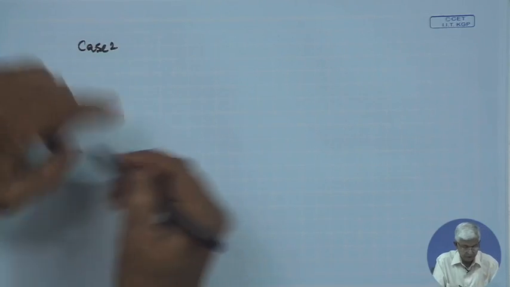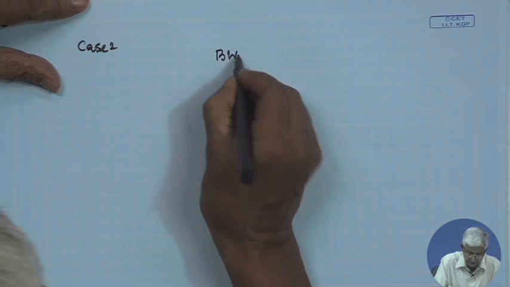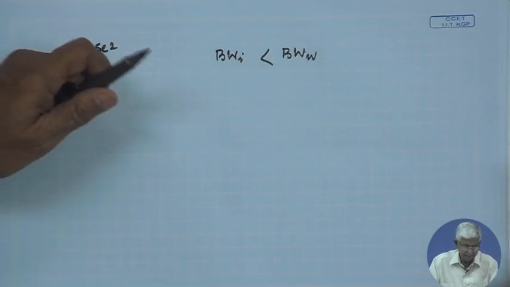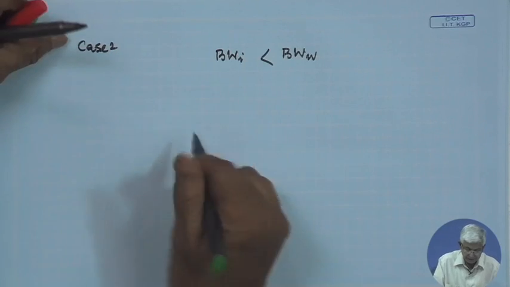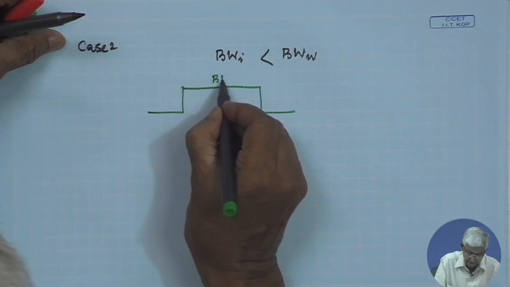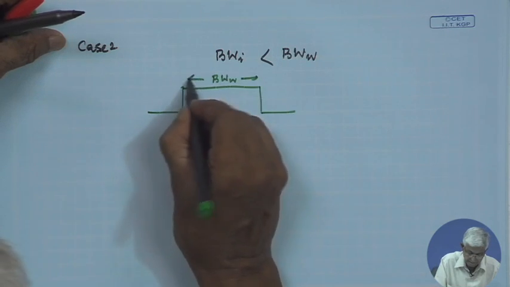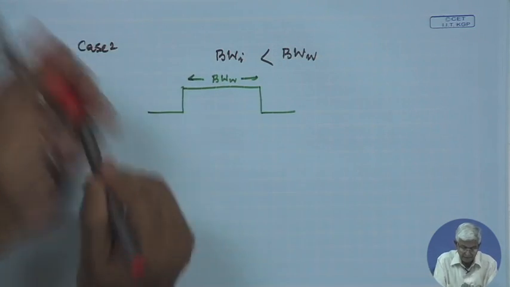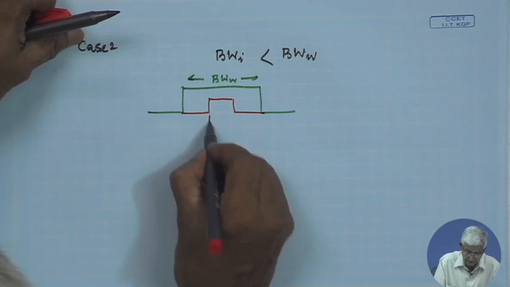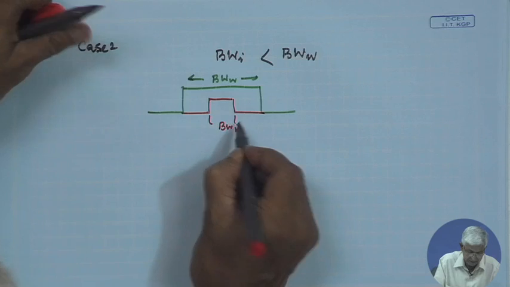There can be another case where it is partially overlapped, case 2, where bandwidth interfered is less than bandwidth wanted. Let us draw it. This is the bandwidth wanted, and this is the bandwidth interfered.